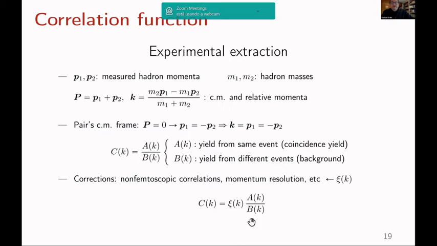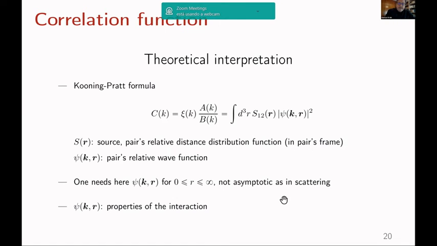You have many experimental issues here. You can induce correlations that have nothing to do with these interactions between the J/psi and the nucleon. You have problems with momentum resolution and many other issues. But essentially, how do we get from the experimental measurement?